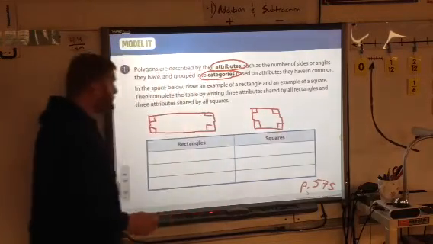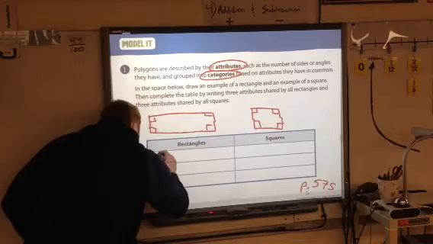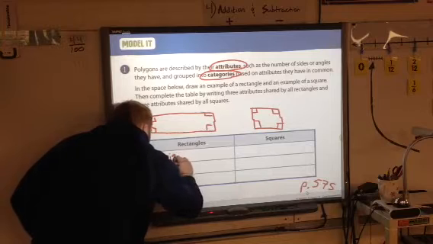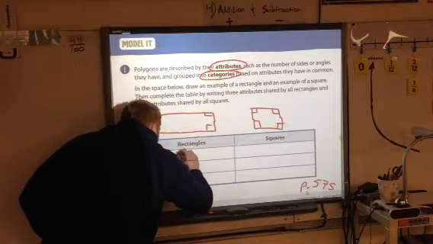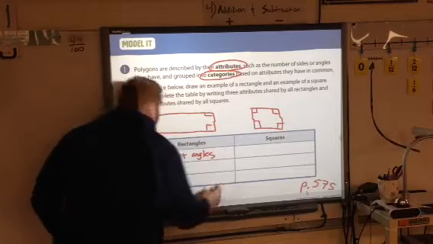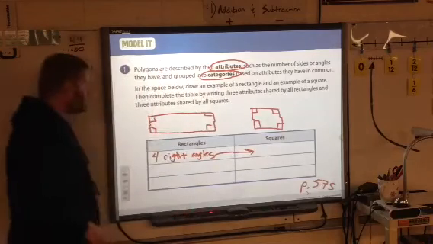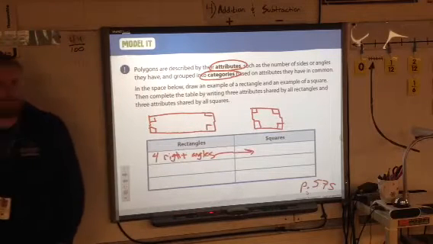So that is an attribute shared by both. That's what I would put in first: 4 right angles. And they are the same for both, so I'd write a little arrow over to the squares. They both have 4 right angles.